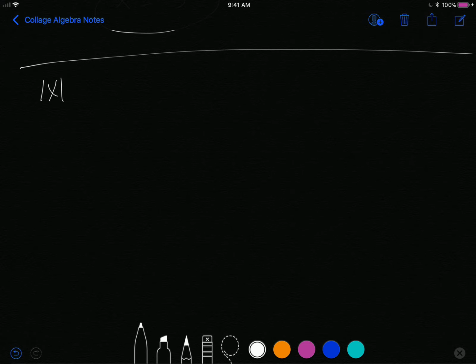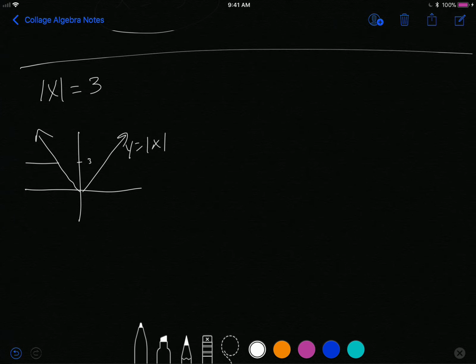The absolute value of x is equal to 3. Well, the absolute value is a V. This is y equals the absolute value of x. And then 3 comes across this way. This second line is y equals 3. To find the point of intersection between two graphs, I simply need to find where they meet.